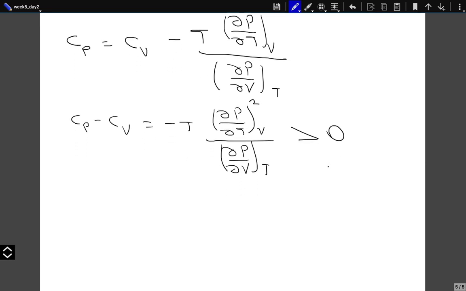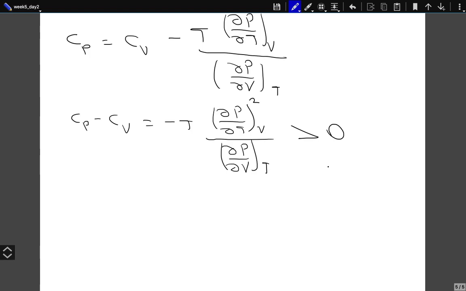Well, how to see that dP by dV at constant temperature is negative? Well, you can also look at this one. Let's see. We know that the entropy is 1 over T. Well, no, let's write this one. Entropy is a maximum. Whatever the variables are, the second derivative of entropy with respect to its variables should always be less than 0.